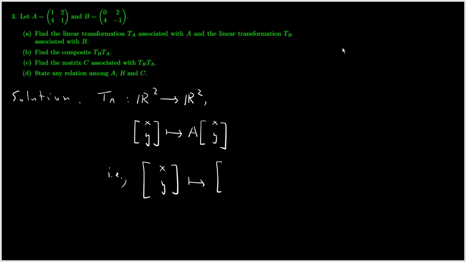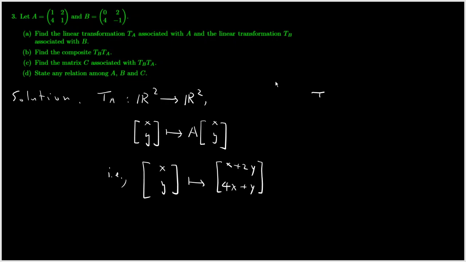The first component is x plus 2y: this row of A times that column. And then the second component is 4x plus y. That is the linear map associated with A, the 2x2 matrix.